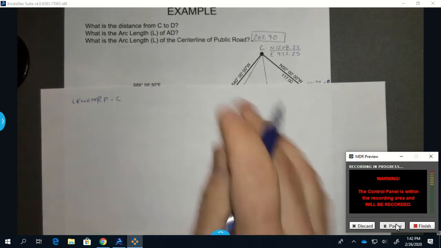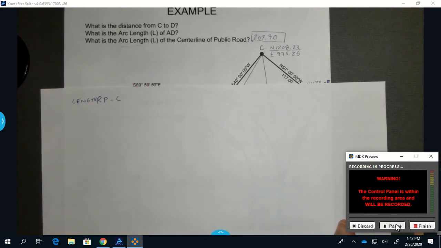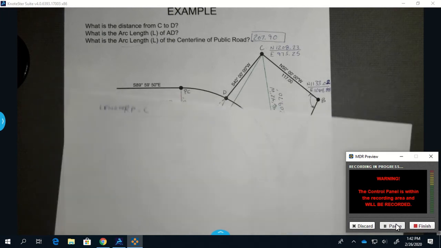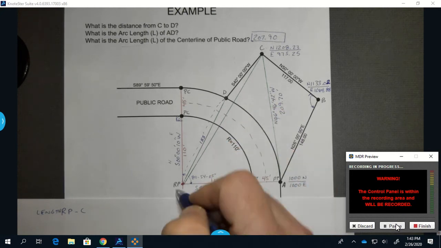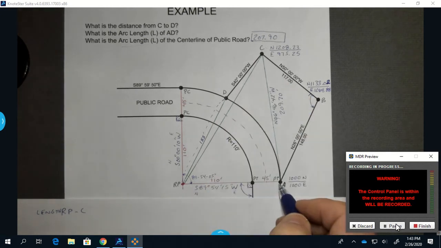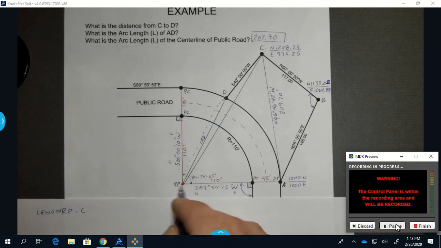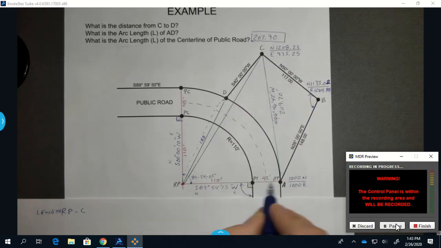So what we need to be able to do first here is to solve that length. We have to be able to calculate the angle RPAC, that's what we want.